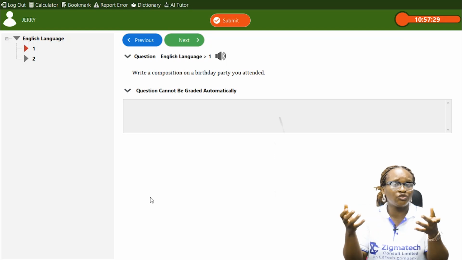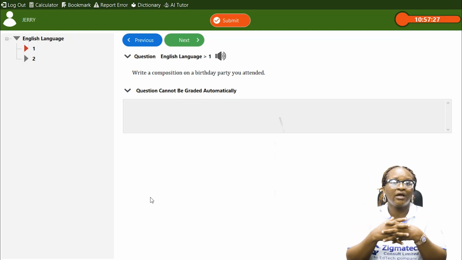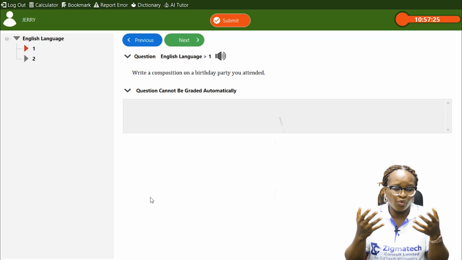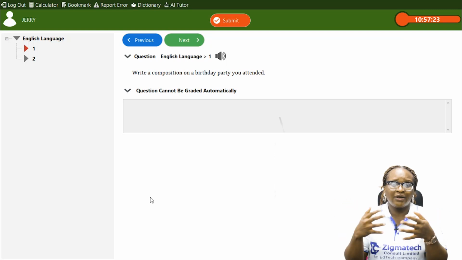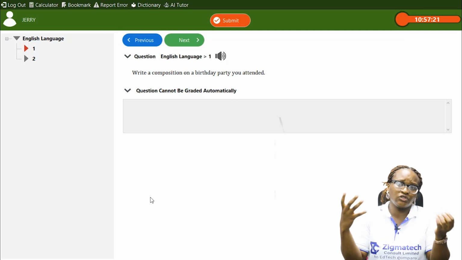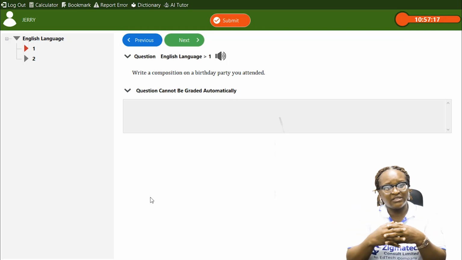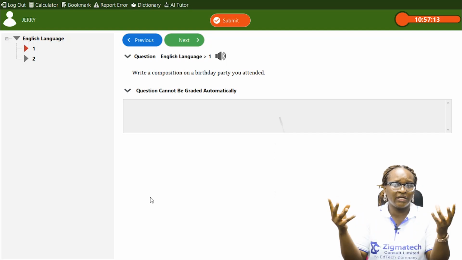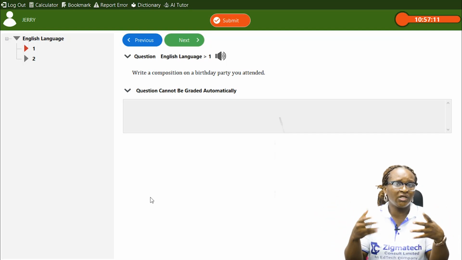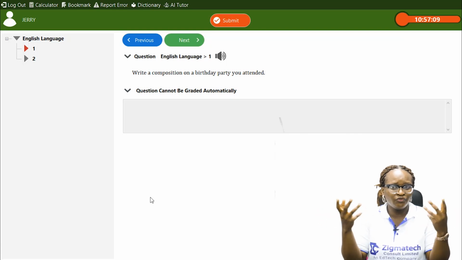Then under expository essay, you could be asked to expose, that's the verb word, to expose. Now I also let my students understand that expository essay is synonymous to explanatory essay. As a matter of fact, in expository essay, what you do more or less is to explain a concept, the way something is done, a new way of doing things.